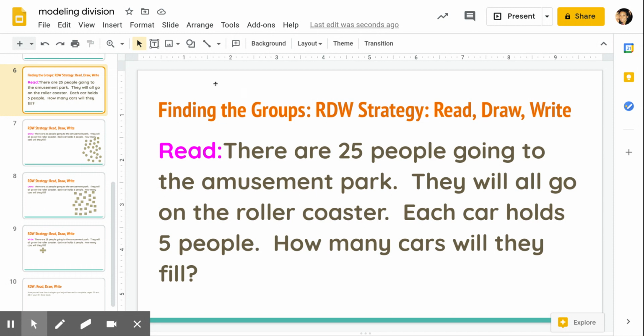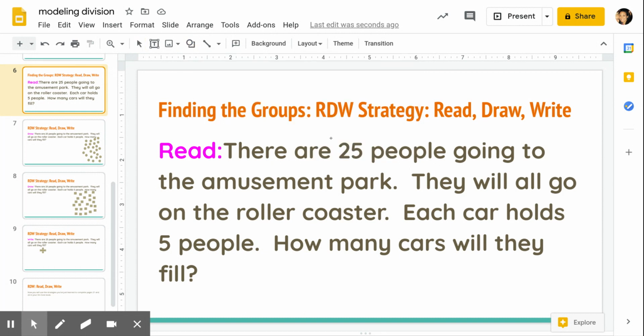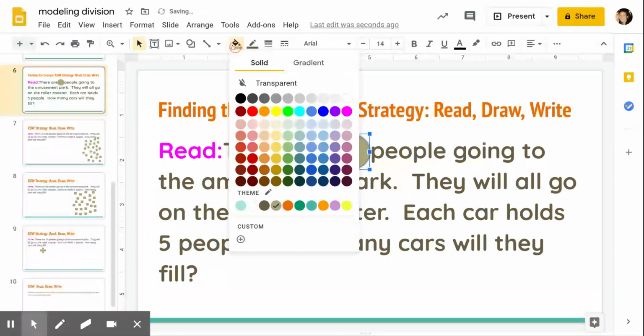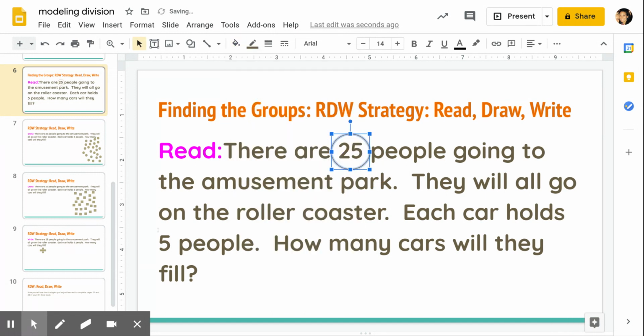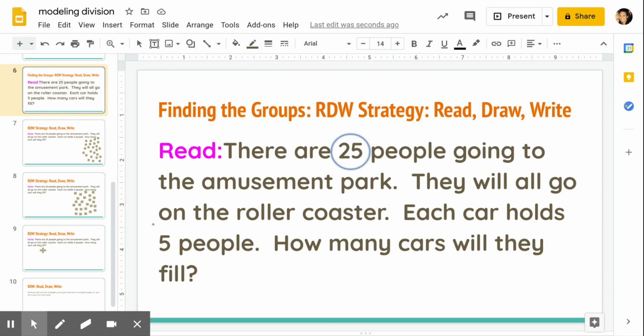Now, the first thing I want to do is circle the numbers. So I'm going to circle the number 25. And I'm going to circle the number 5. And I'm going to underline the units.